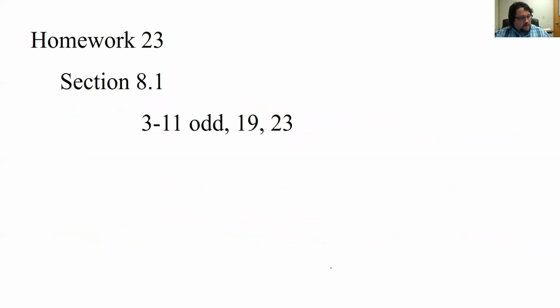Okay, so why don't you do for this assignment 3 through 11, 19, and 23. That's the entire assignment. And what we're doing, first thing you want to do, even though they don't always say, write the hypotheses out. Every time you do one of these problems, you want to write the null hypothesis and the alternative hypothesis. And the null hypothesis always includes the equal sign.